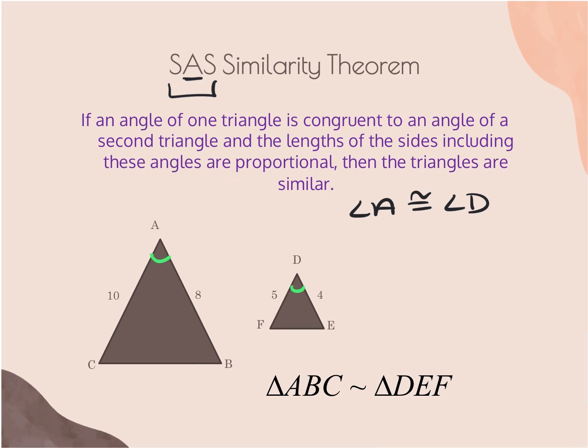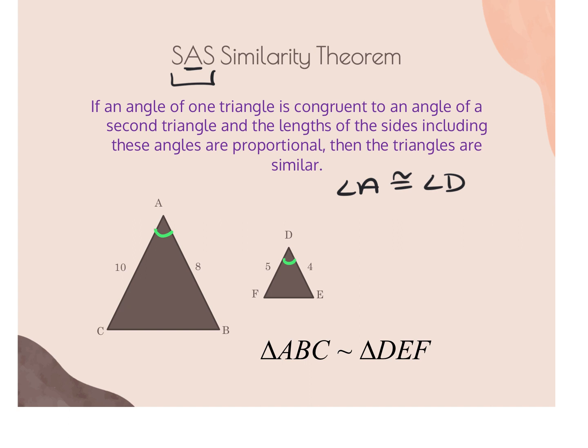Again, when they give you a similarity statement, we can use it. So I would match AB with DE. AB is here, DE here. So the statement of proportionality would be that DE is proportional to AB. We would have to show that 4 over 8 and what it simplifies.